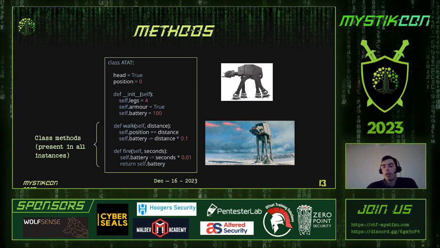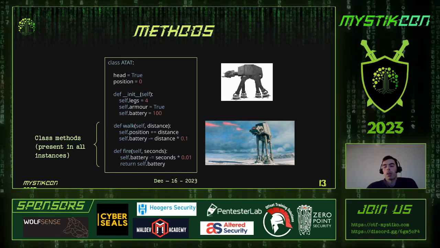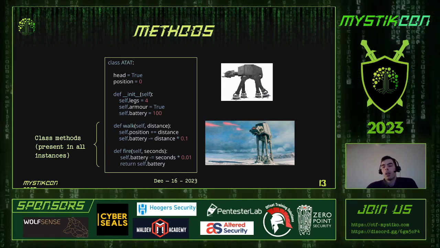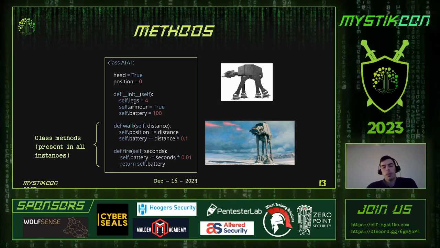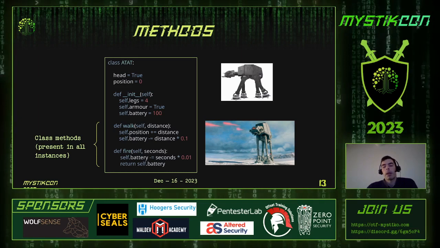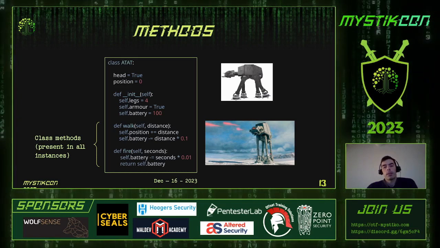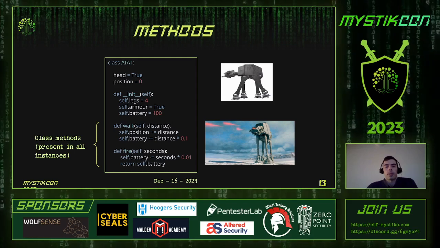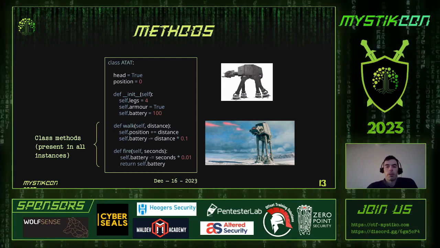So Python doesn't have, at least not so clearly defined, the concept of access modifiers. But for example, in Java, you find things like public, private, protected, which dictate what can access an internal property of an object.